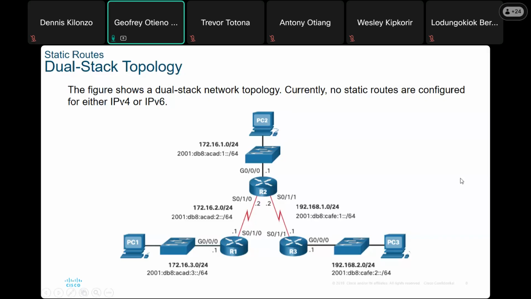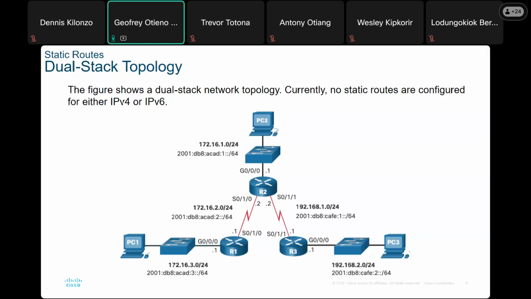So these are the addresses that we don't have on R1. So when PC1 wants to communicate with PC2 or PC3, it will not be possible because those networks are far away. They're not part of us. And that's why we need to bring them to each of those routers.